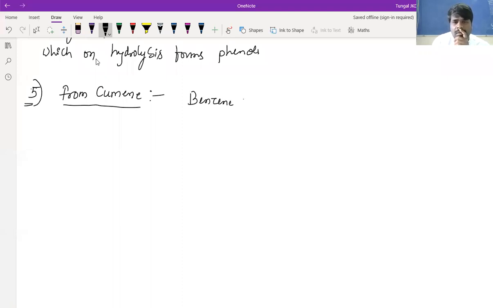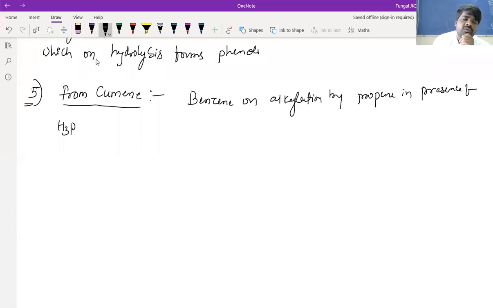Benzene on alkylation by propene in presence of H3PO4 forms cumene, which is on oxidation followed by hydrolysis forms phenol.